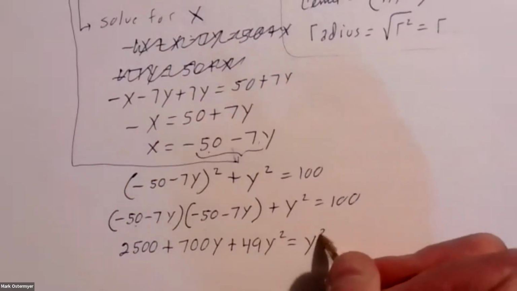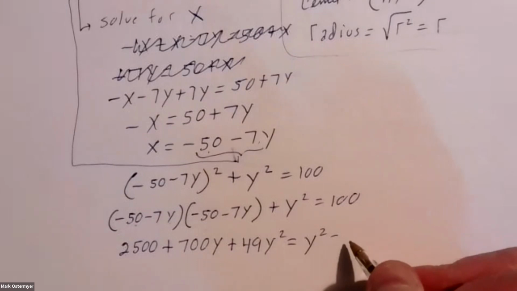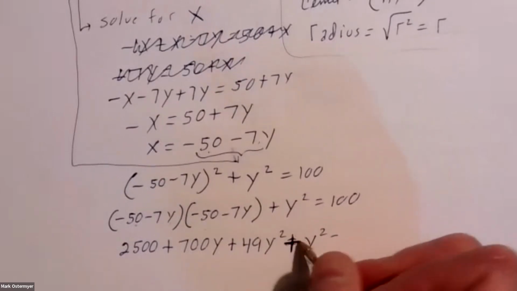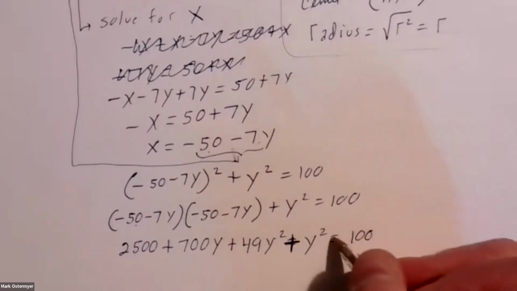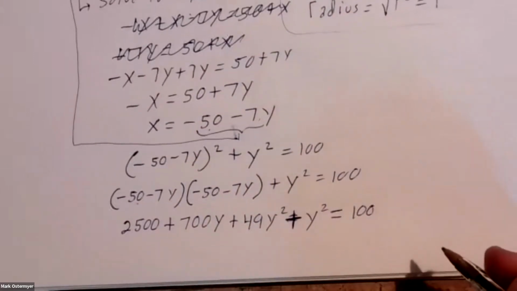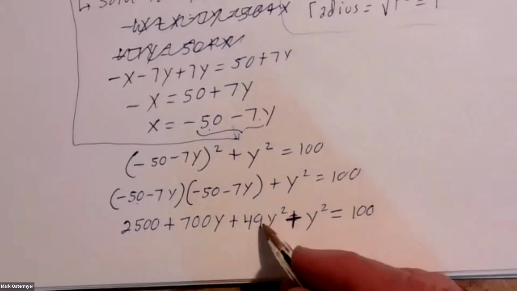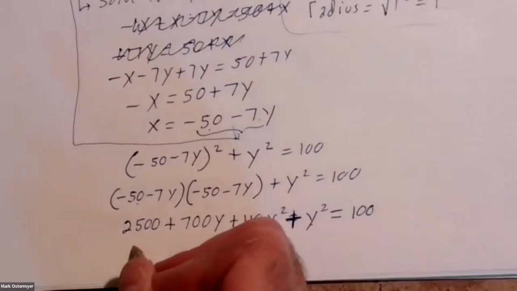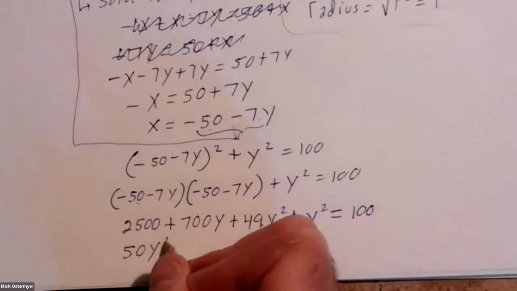So now we have this quadratic equation that we have to solve for y. There should be a plus sign here. Combining our like terms, I have 49y squared plus y squared, that's going to give me 50y squared. I'll put that out front.